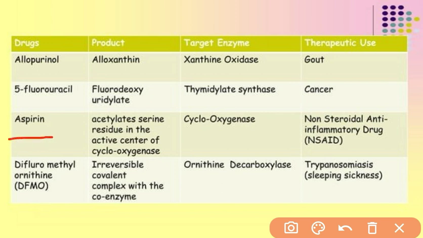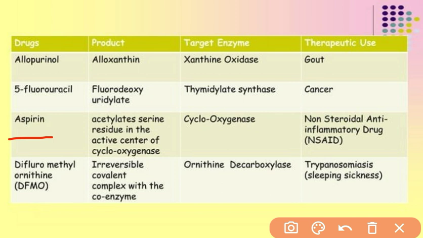Then aspirin. Aspirin and other such drugs, non-steroidal anti-inflammatory drugs, NSAIDs, can block the activity of COX, the cyclooxygenase enzyme. COX is the enzyme which leads to formation of prostaglandins, and this causes inflammation, swelling, pain, and fever.